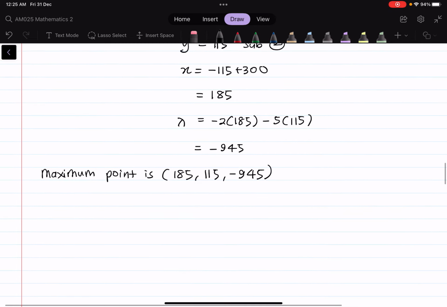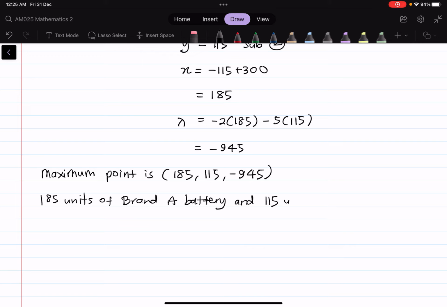From this point we can say that 185 units of brand A battery and 115 units of brand B battery will maximize the profit.